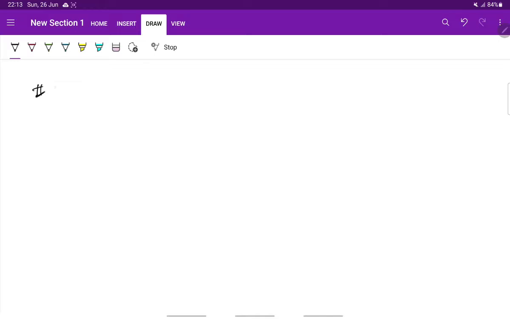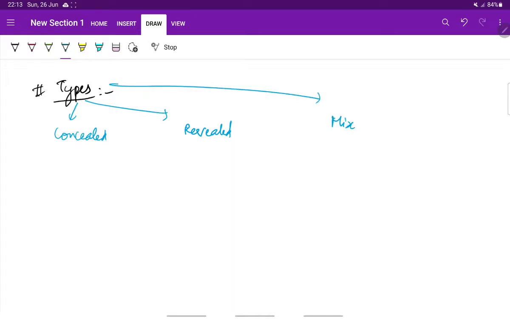Next, the types of Abruptio placentae. The types include concealed, revealed or mixed type. In concealed, the blood is retained inside the cavity and it is not visible outside.